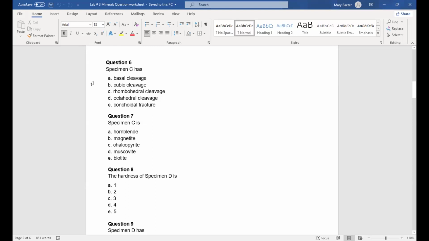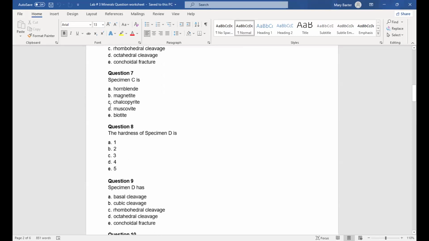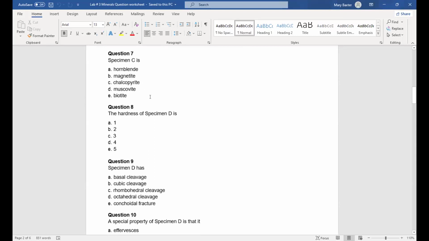Is it one perfect? Then that's basal cleavage. Do your specimens meet at 3 at 90? Then it's probably cubic cleavage. Okay, so which one does specimen C have? It's definitely not fracture. What's specimen C? Give me the name.